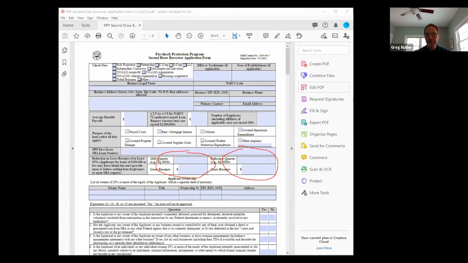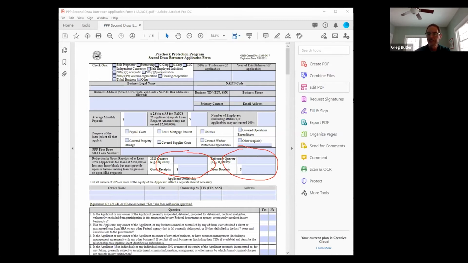Yeah, so why they're asking that is the general test is that to be eligible for a second draw, you have to show that you have at least a 25% reduction in gross receipts in any quarter in 2020 as compared to the comparable quarter in 2019. So it brings up the question of, well, to be eligible, I have to be in business on February 15th of 2020, and I can't be closed now. But what happens if I started business in 2020?